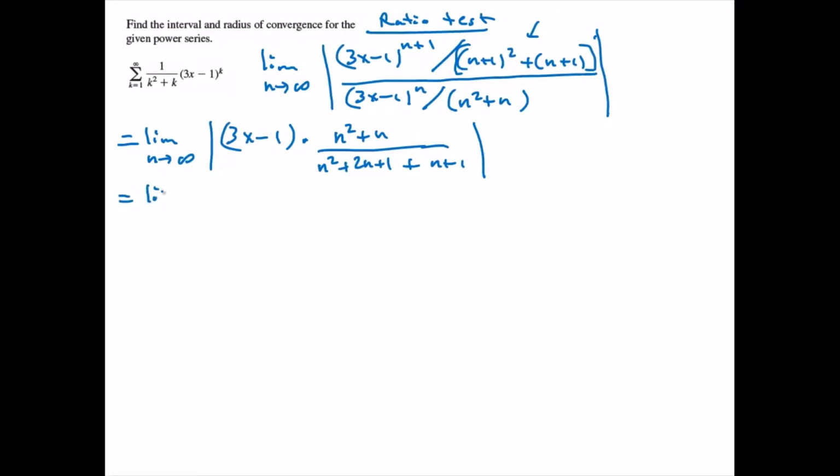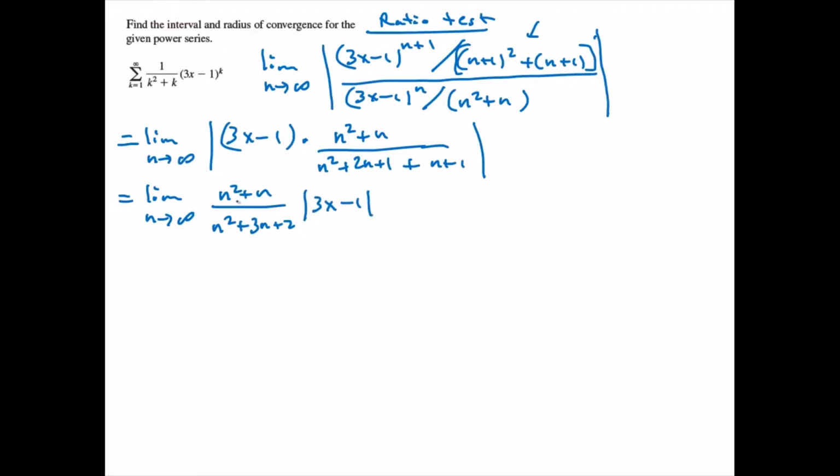So we're going to get the limit as n goes to infinity of n squared plus n over, when we simplify the denominator, n squared plus 3n plus 2, times the absolute value of 3x minus 1.